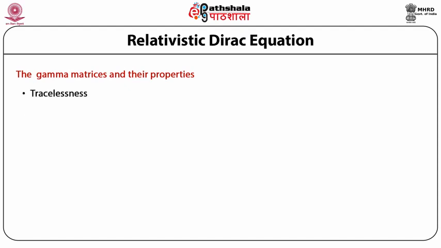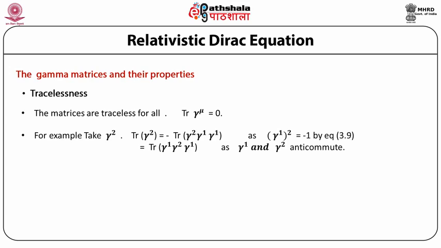The gamma matrices and their properties. Tracelessness. The matrices are traceless for all of them. Trace of gamma mu is equal to 0. For example, take gamma 2. Trace of gamma 2 is minus trace of gamma 2 gamma 1 into gamma 1, as gamma 1 squared is equal to minus 1.